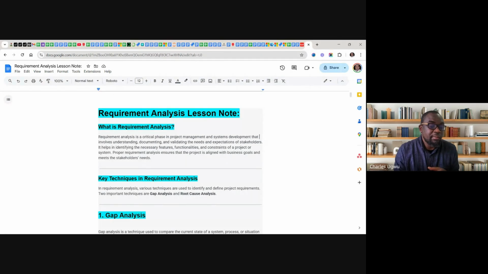But here, requirement analysis is a critical phase in project management and system development that involves understanding, documenting, and validating the needs and expectations of stakeholders. It helps in identifying necessary features, functionalities, and constraints of a project or system.